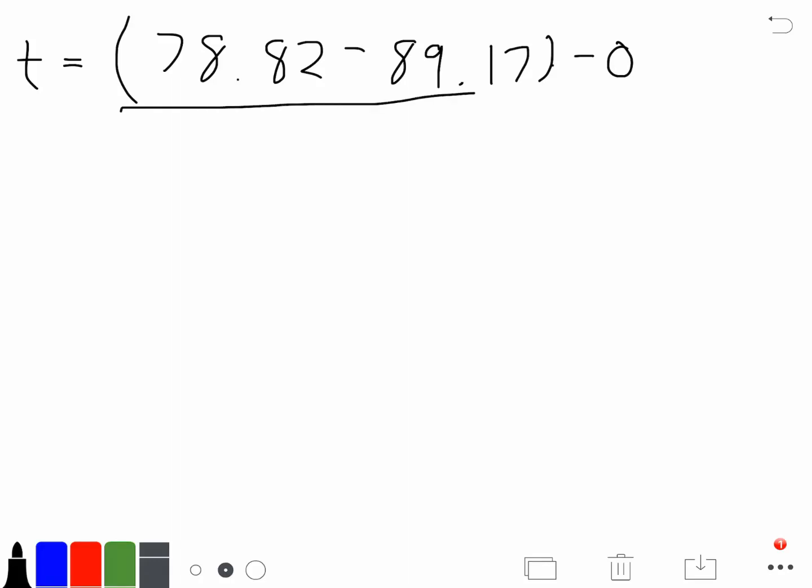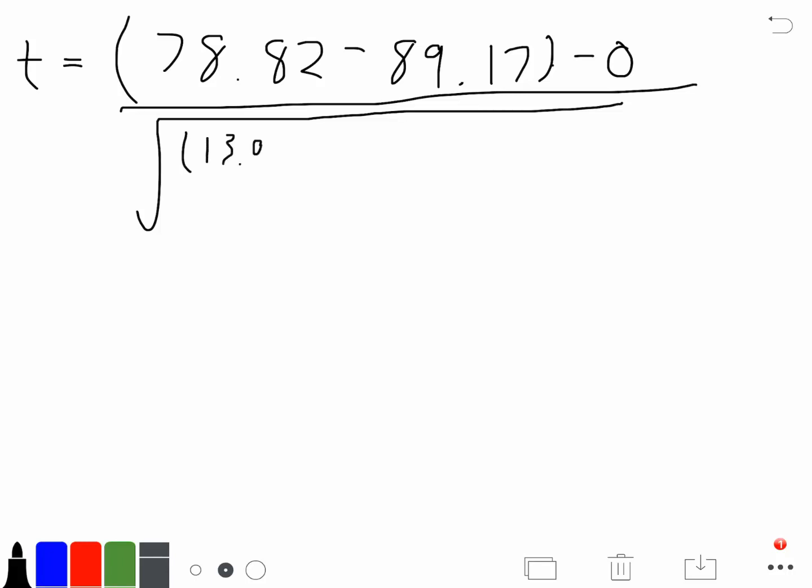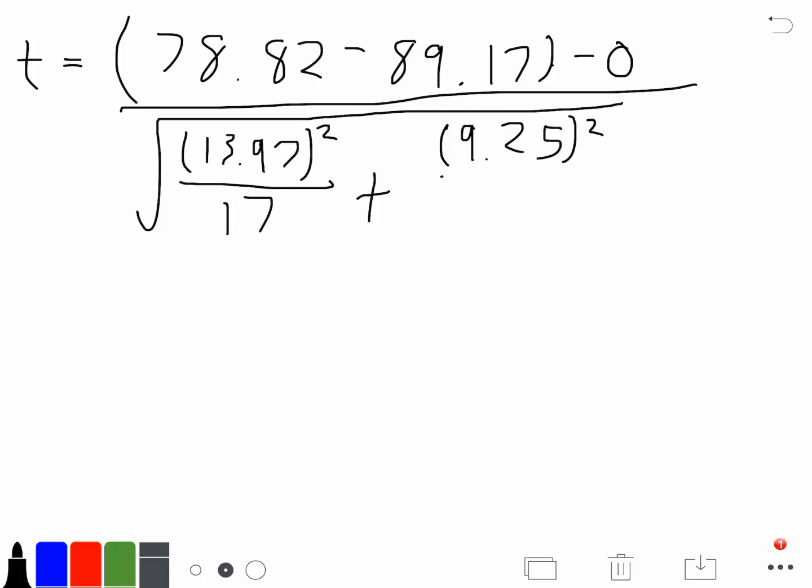We know the two mu's are the same, or at least we're assuming the two mu's are the same, so when we subtract them, we get 0. That's all over the square root of 13.97 squared divided by 17 plus 9.25 squared divided by 12. When you plug this in the calculator, make sure you put the parentheses in the right area. We will get approximately negative 2.40.